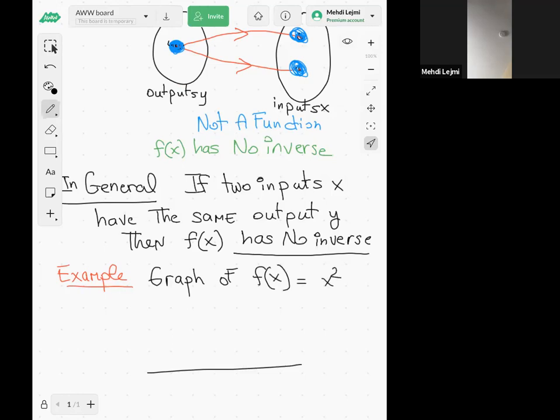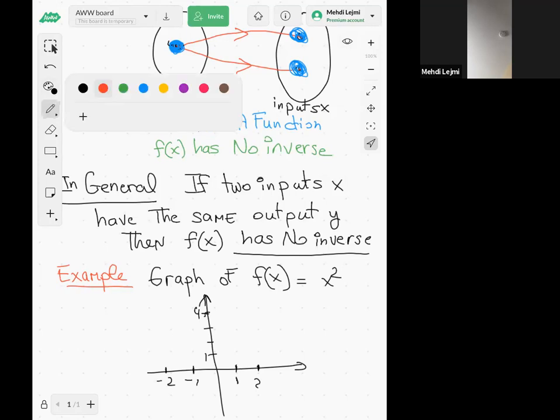Let's say this is 1, 2, -1, -2. This is 1, 2, 3, and 4. So 1 squared is 1, -1 squared is 1, 0 squared is 0, 2 squared is 4, and -2 squared is 4. So this is a graph of x squared, and we said it has no inverse.